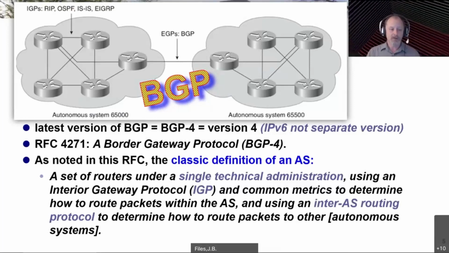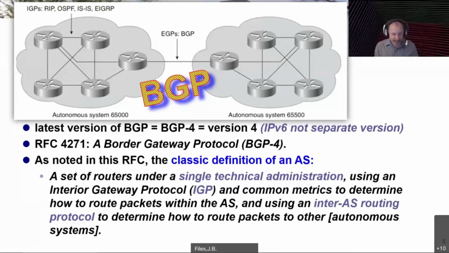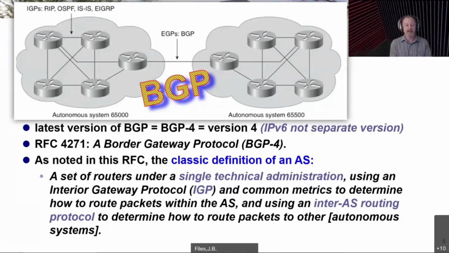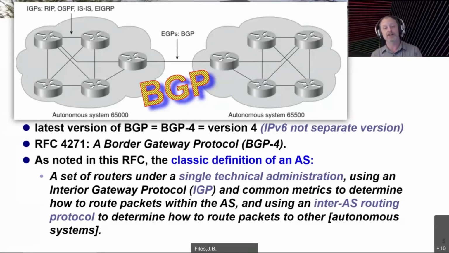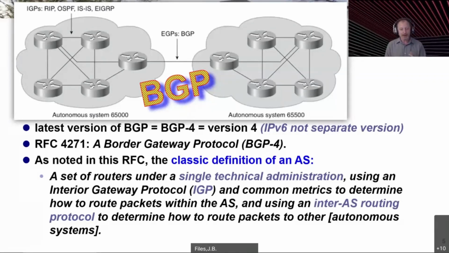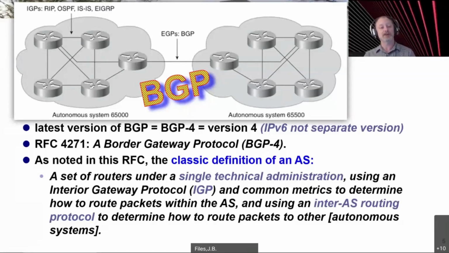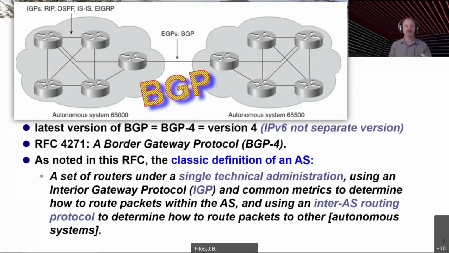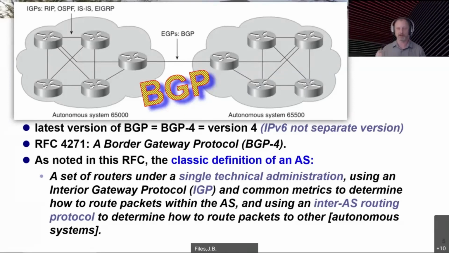Now, the technical definition of an autonomous system is pretty similar to what we just said. A set of routers under a single technical administration using an interior gateway protocol, and common metrics to determine how to route packets within the autonomous system, and using an inter-autonomous system routing protocol to go to other autonomous systems.